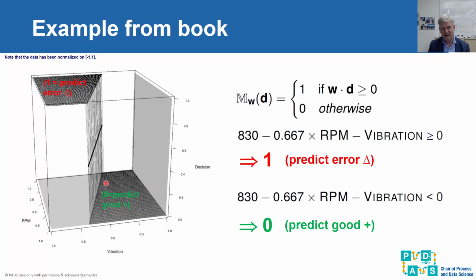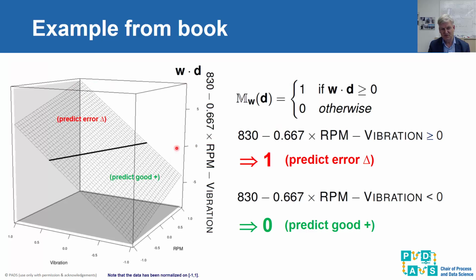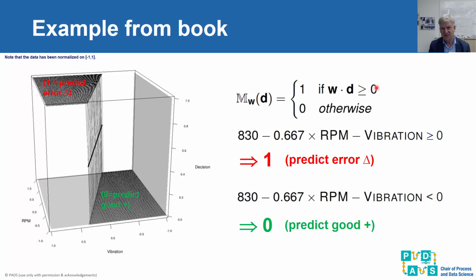For certain values, we predict that it's good, that if this value is below 0, then we predict it's good, otherwise we predict an error corresponding to a 1. So before, what I'm showing here is this value, it's very important, and on this slide I'm showing this variable. After applying this rule, if it's above 0 it becomes 1, if it's not above 0 it becomes 0. And note that this renaming may be confusing.